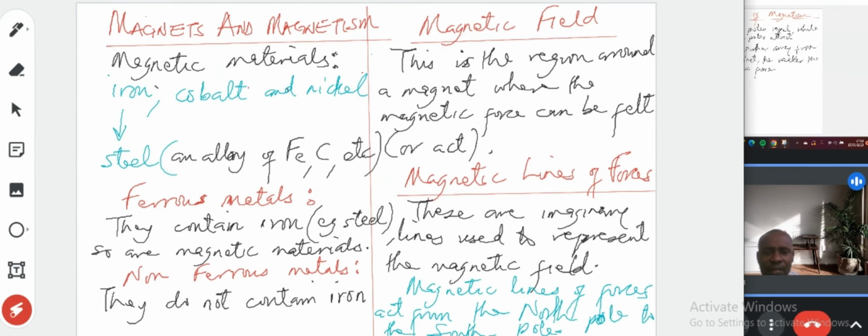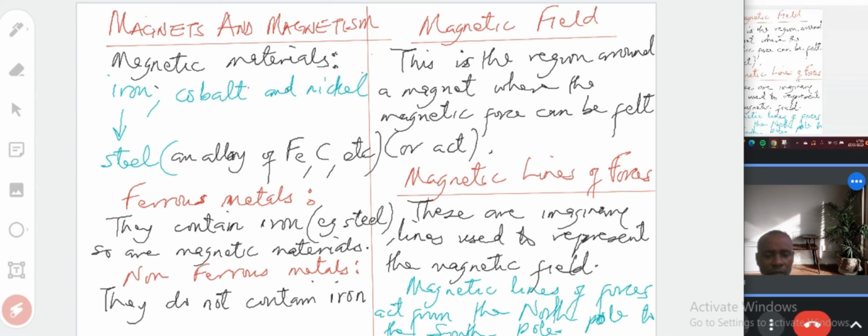Now we represent magnetic field with lines called magnetic lines of force. These are imaginary lines used to represent magnetic field, and these lines run from the north to the south pole. Can you go to the previous page? I want to talk about magnetic lines of force. If you go to the next page, you will see how the arrows are pointing.